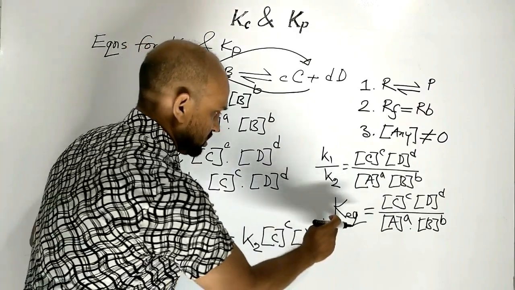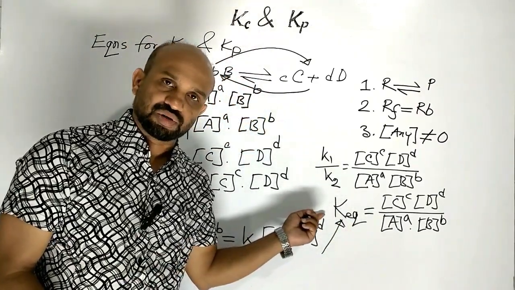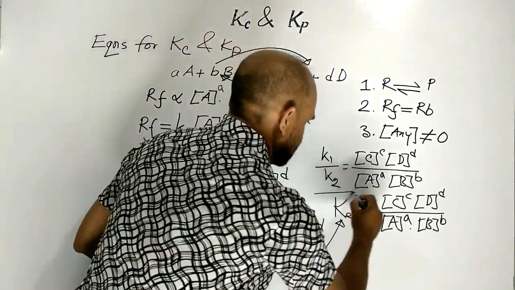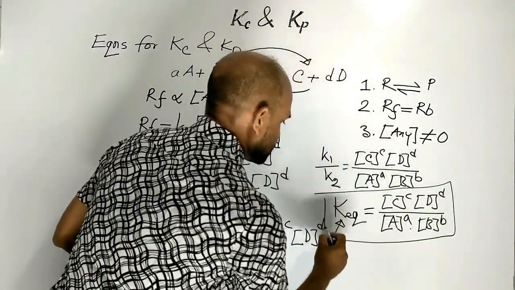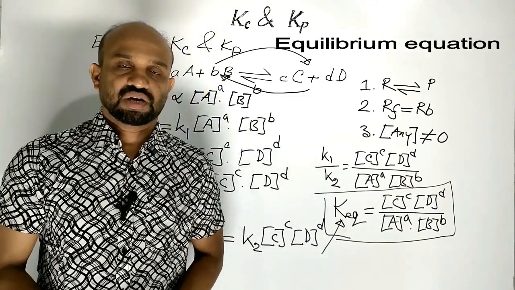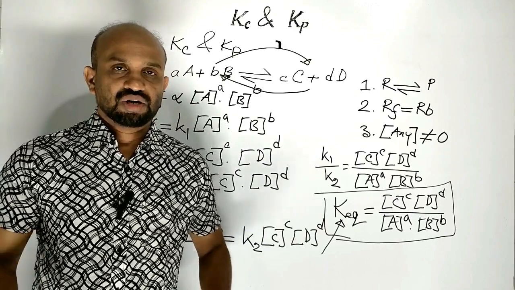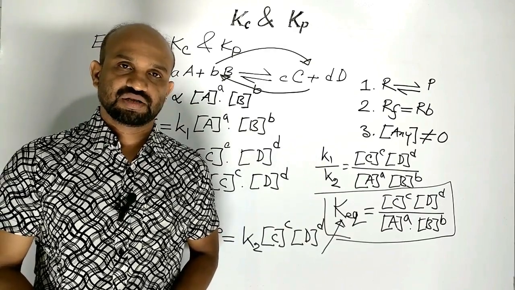Here this is known as equilibrium constant and this reaction is known as equilibrium reaction, which is according to law of mass action. Now let us see equations for Kc and Kp.